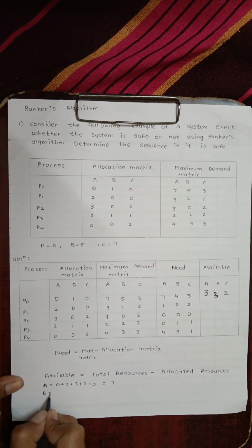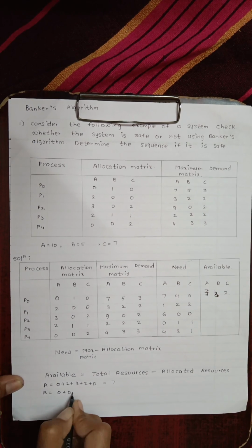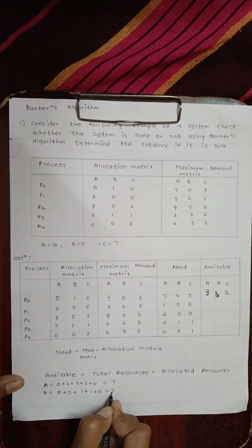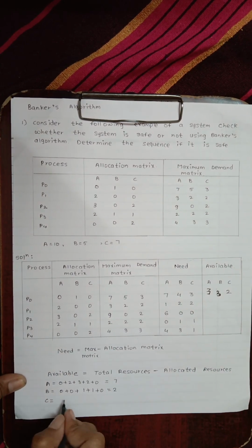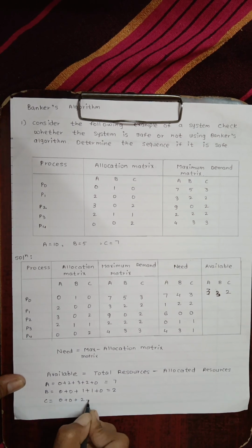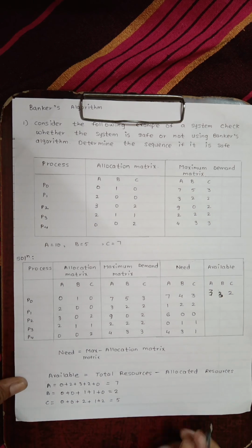For B, the sum of all these is equal to 2. For C, the sum of all these is equal to 5.